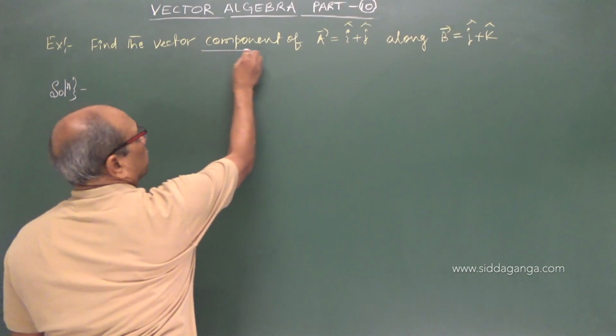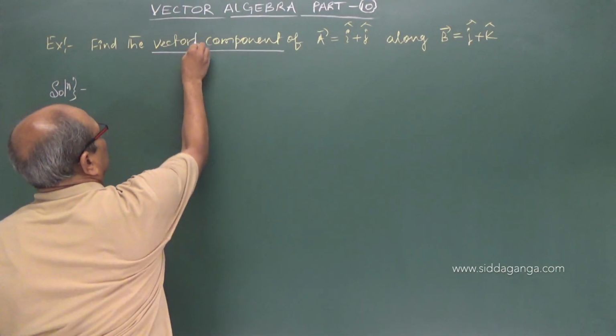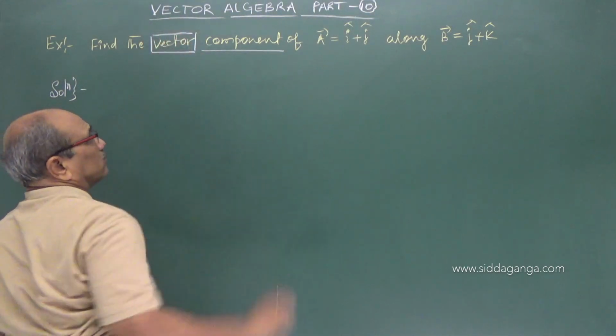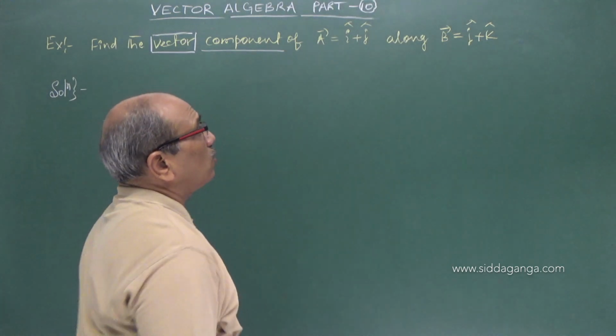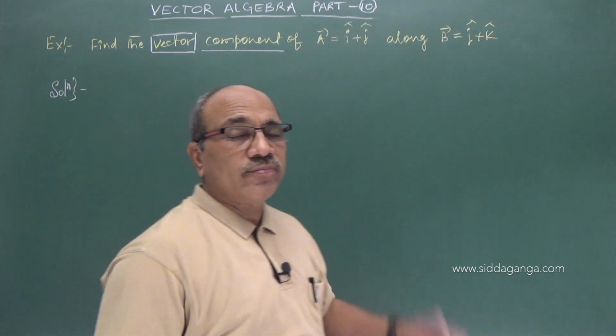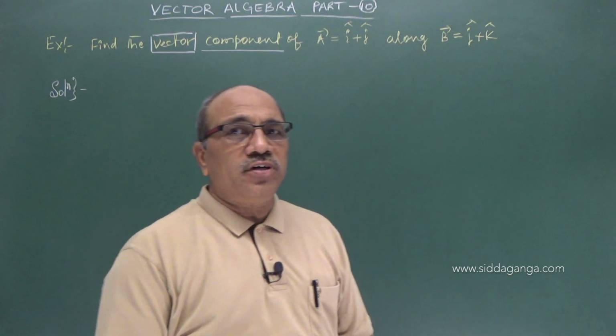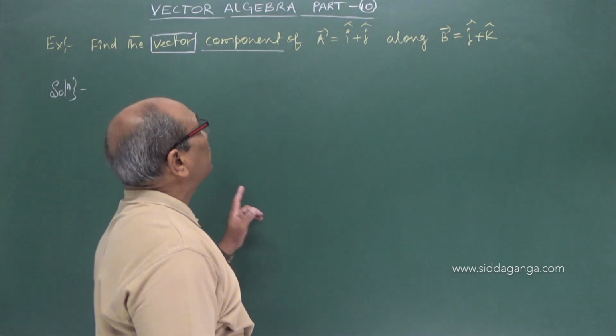Find the component and the vector component. There is a slight difference: component means only magnitude, and when they ask for the vector component, we have to find the direction also.